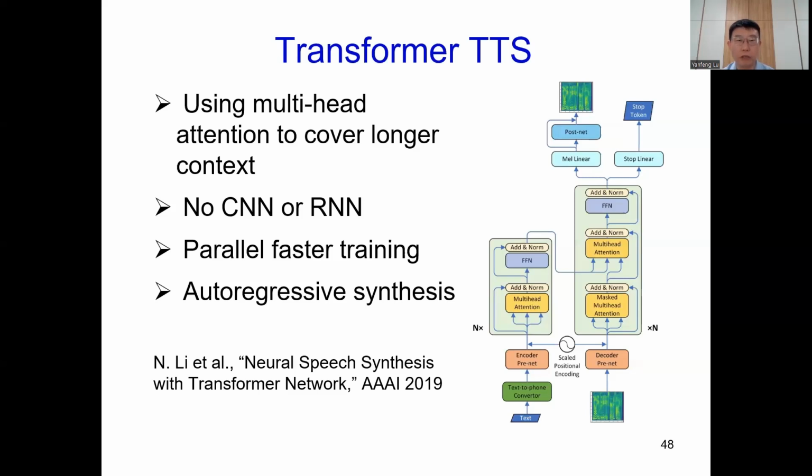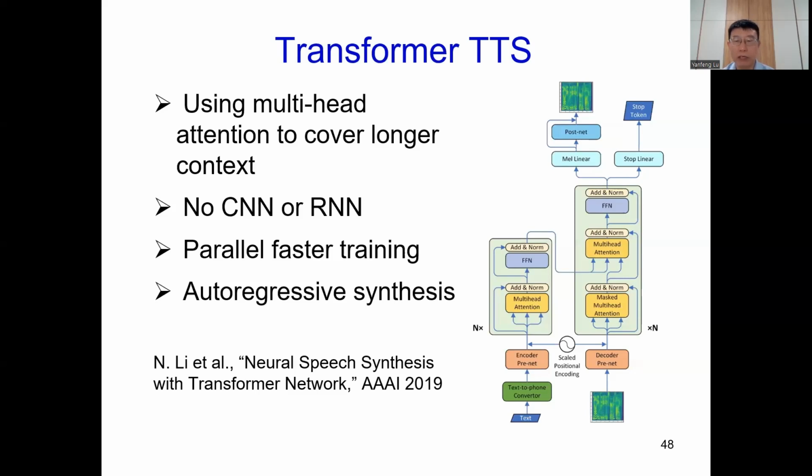In a diagram, you can see there is no convolution or recurrent neural network. Those are very slow to train. By removing these components, the training speed is much faster than the previous Tacotron-2 architecture, because in training it can do parallel training.